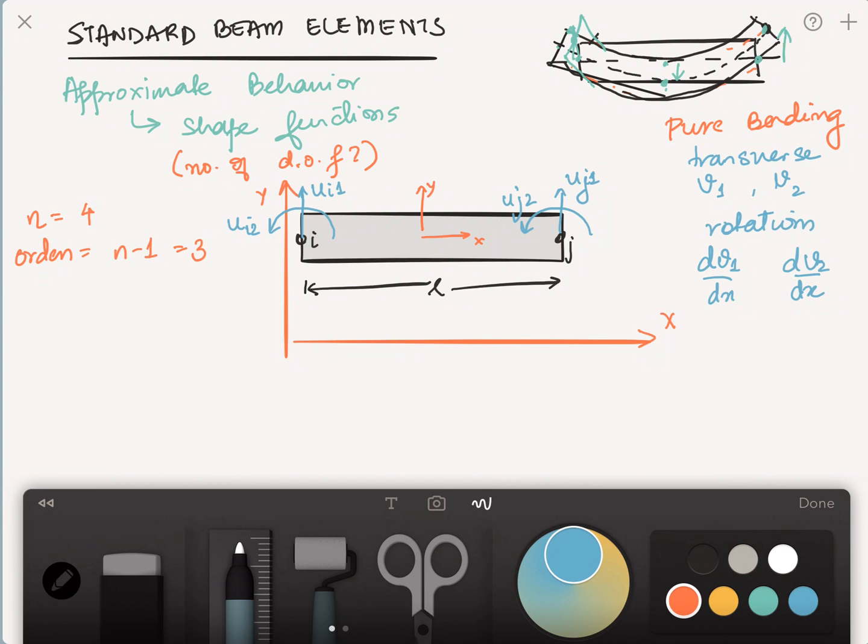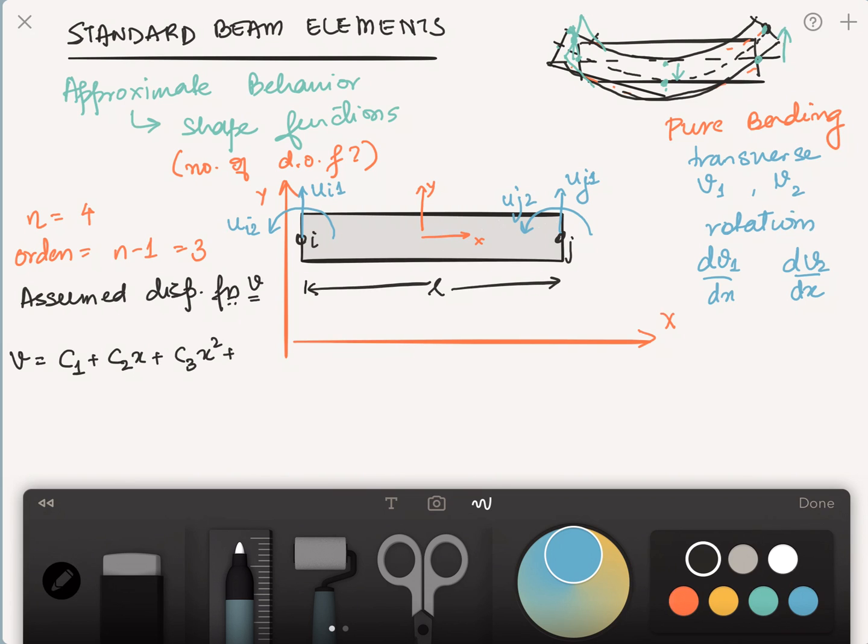So we can say that the assumed displacement function for v, because that's basically ui1 or uj1, which can be taken as v1 or v2, can be expressed as v is equal to c1 plus c2x plus c3x square plus c4x cubed.